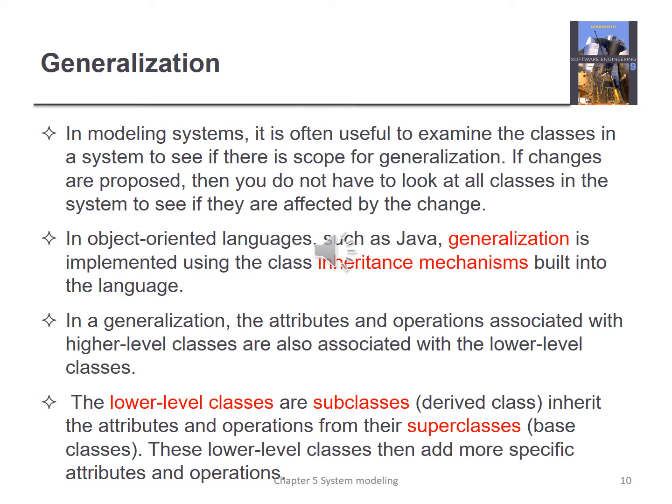The lower classes, which we call subclasses, derived classes or child classes, inherit the attributes and operations from their superclass, base class, the parent class. These lower classes then add more specific attributes and operations to themselves. So if the lower class needs more logic, more detail, more attributes, they will be added to it, but not to the superclass.